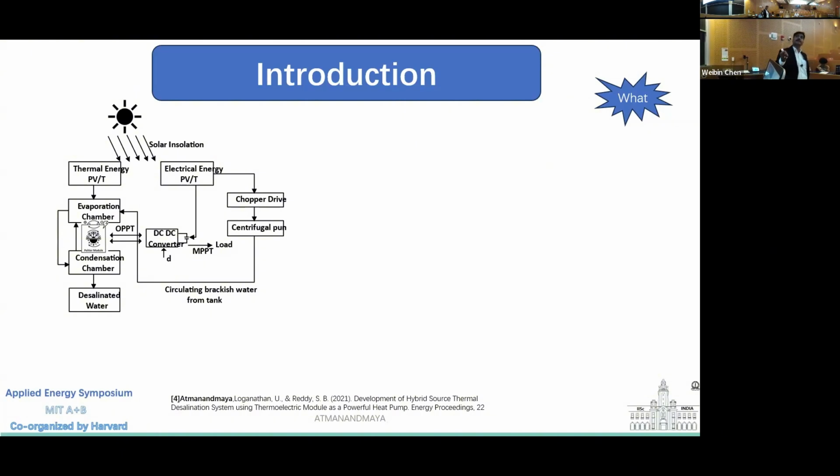This electrical energy goes through the DC-DC converter to the Peltier module. The DC-DC converter is required because photovoltaics are an intermittent source, not a constant source. It is integrated for utilizing the latent heat from the condensation chamber to feed back to the evaporation chamber, so that we get a closed loop operation of the latent heat and a very high efficiency.